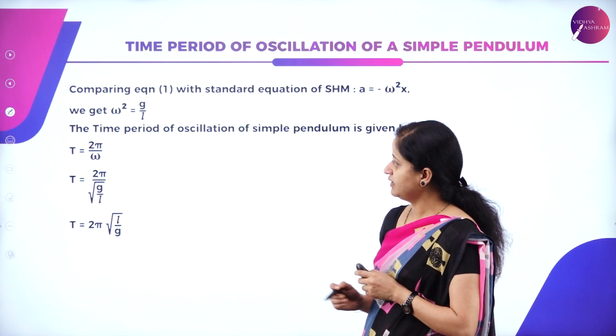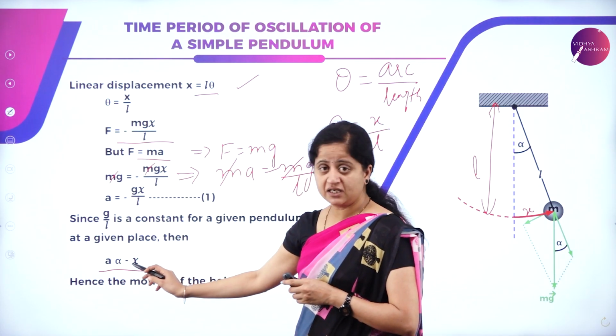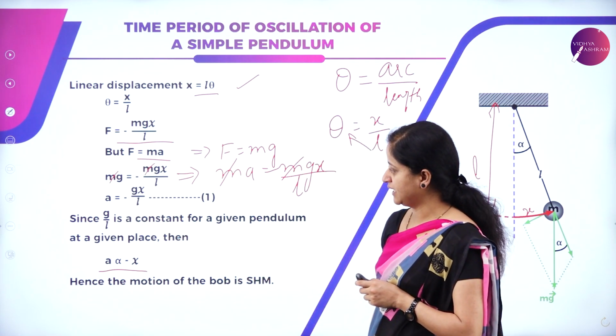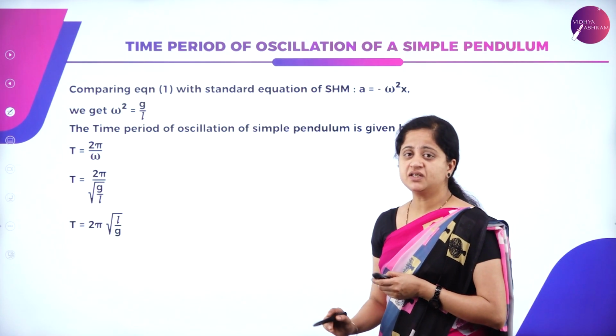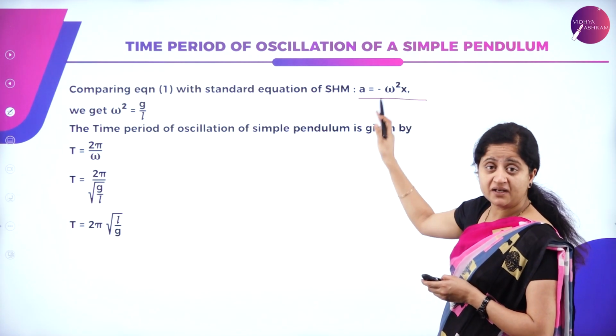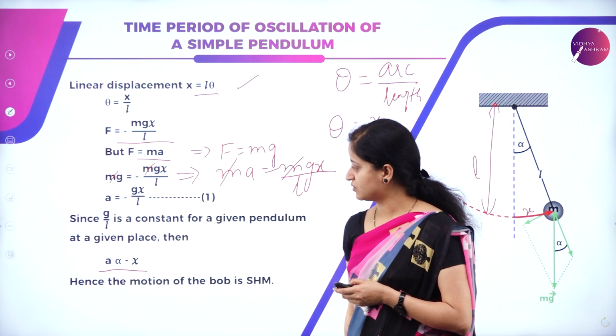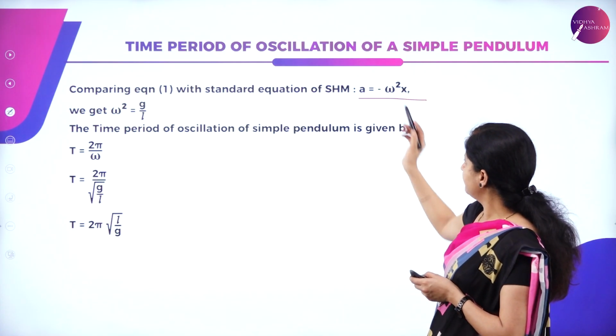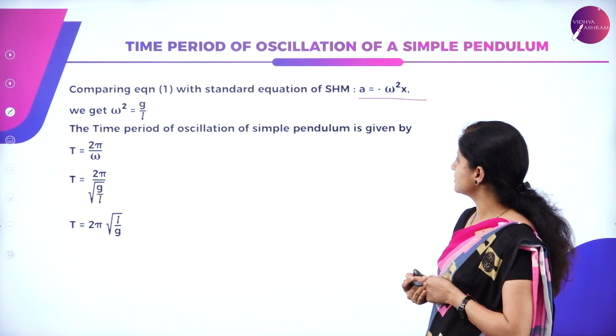Now we have a is directly proportional to minus x, and a is equal to minus gx divided by L. But we also have the equation for acceleration, that is minus omega square x. Now let us compare this equation with the previous one. So we have a is equal to minus gx divided by L, and here we have a is equal to minus omega square into x.